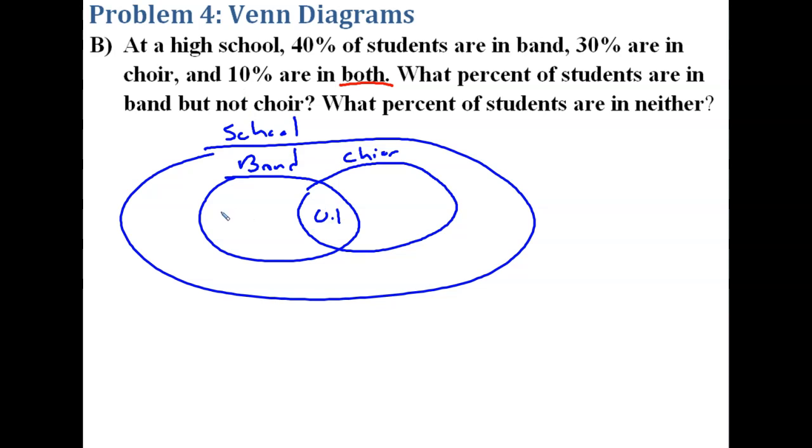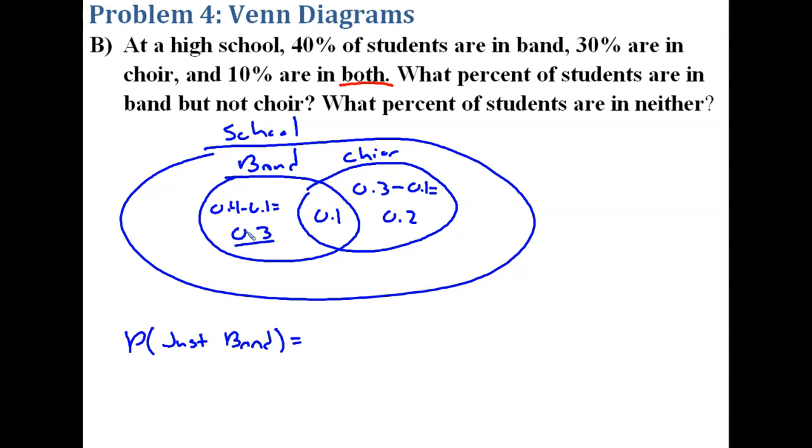To figure out just the band, we'll say 0.4 minus 0.1, which gives us 0.3. To find just the choir, we'll take the 30%, so 0.3 minus the overlap, 0.1, which gives us 0.2. So for the first question, what percentage of students are in band but not choir? We'll say P of just band.